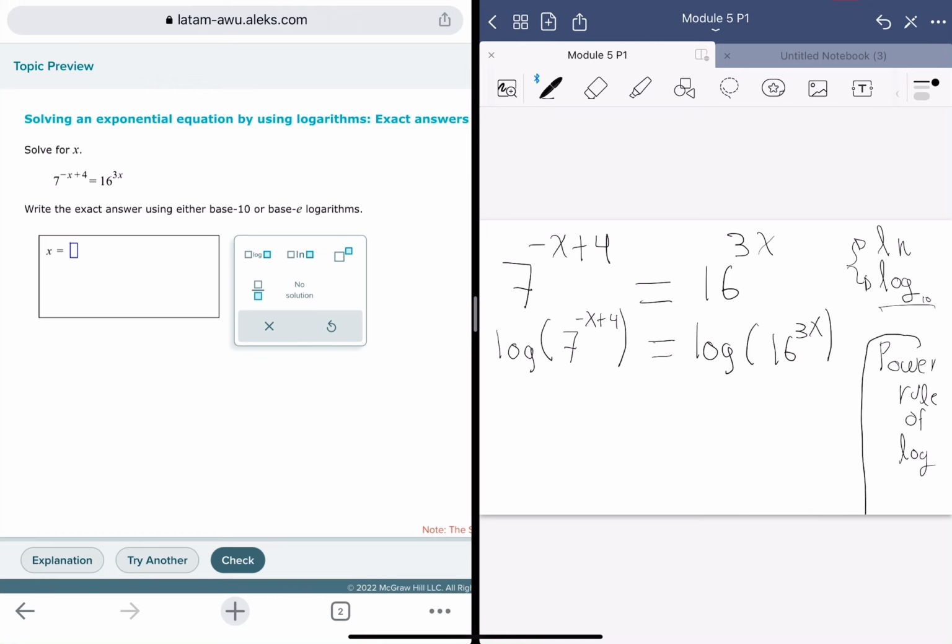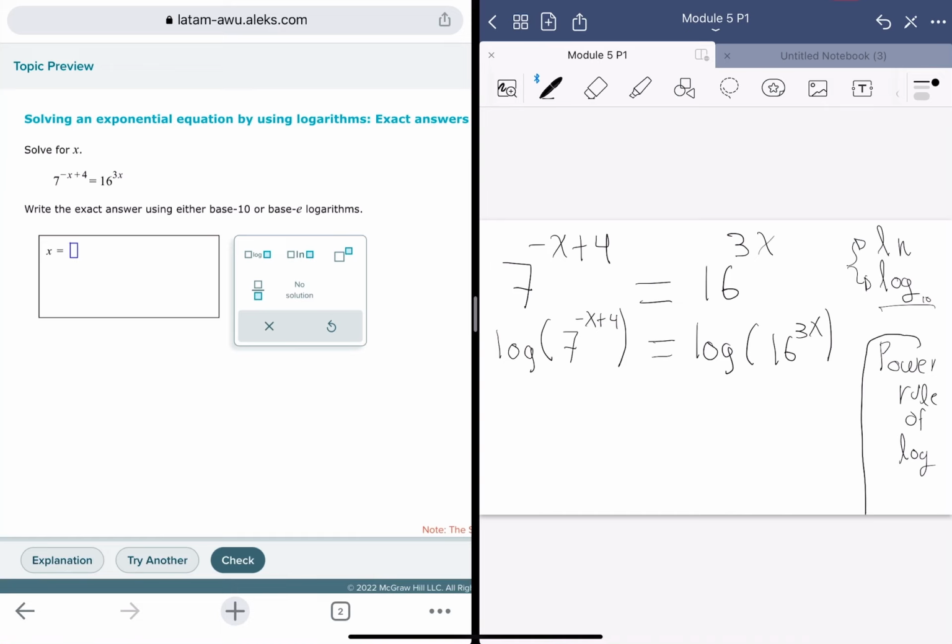First thing is writing the logarithm. Now that I have that in logarithm form, I want to apply that rule. So I'm going to apply the power rule of logarithms, which is rule number 3, as we saw in class.